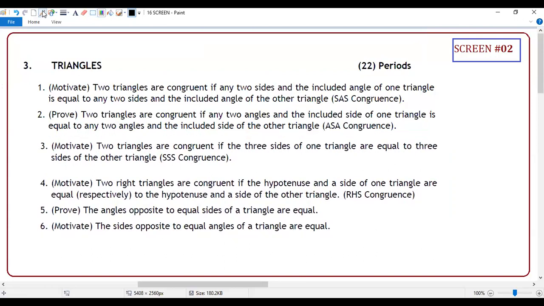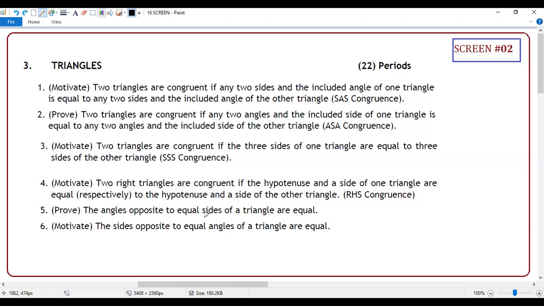They included all the criteria. Apart from that, what have they included? 2 theorems, correct? So we have seen 5 criteria, but your syllabus included SAS, ASA, SSS, RHS.